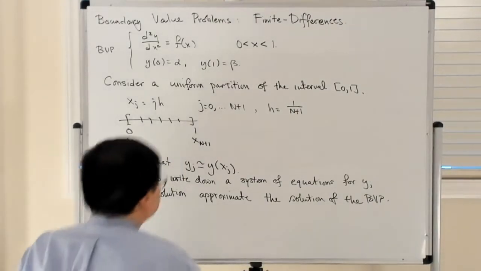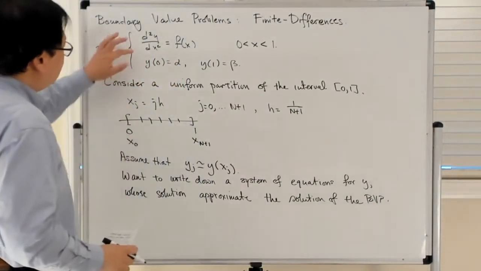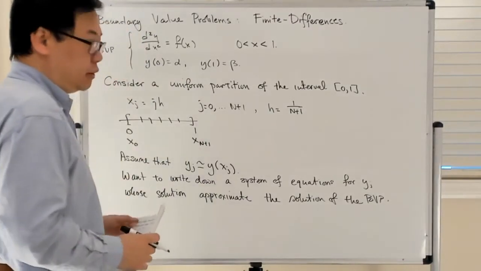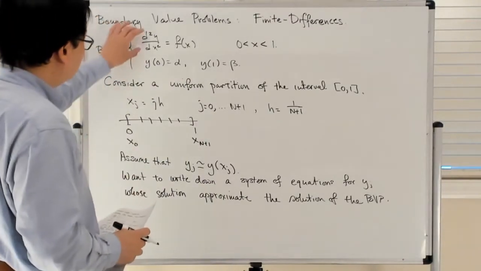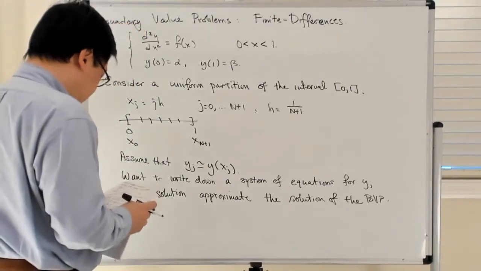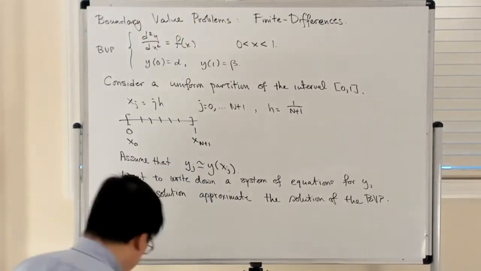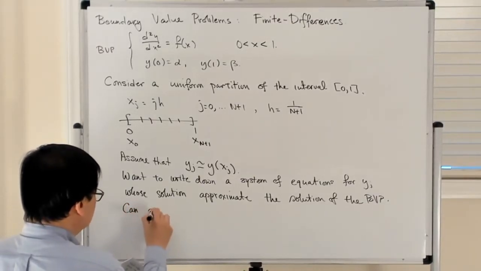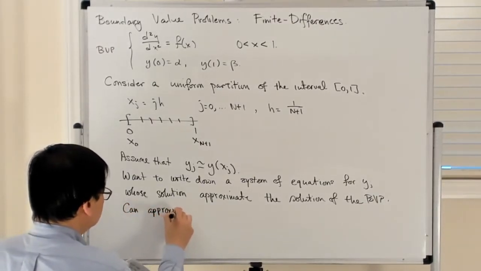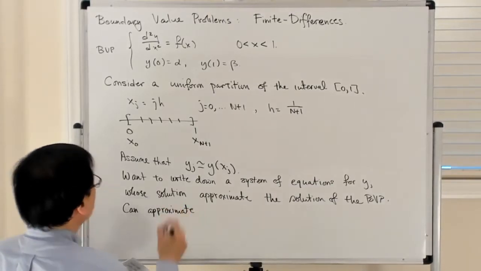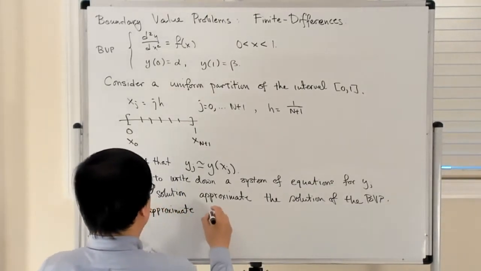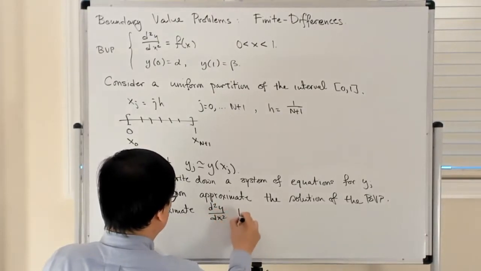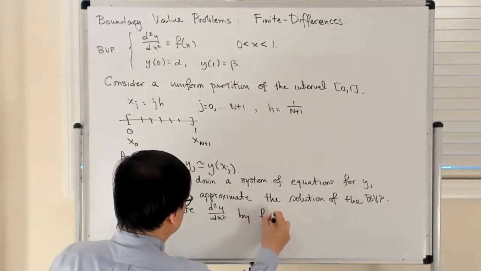So one way, of course, to do this is to try to approximate this second derivative operator. And particularly, you can do this using some sort of symmetric finite difference approximation. So for example, we can approximate the second derivative, d squared y dx squared, by finite differences.